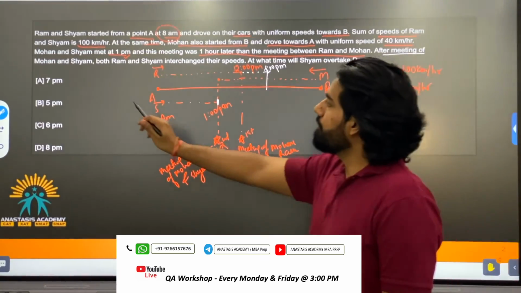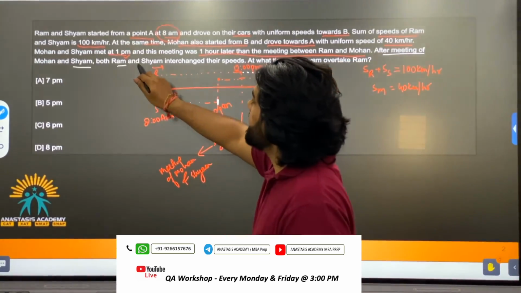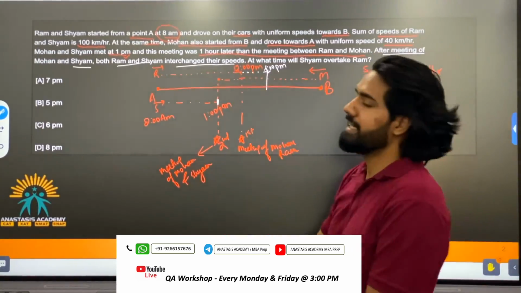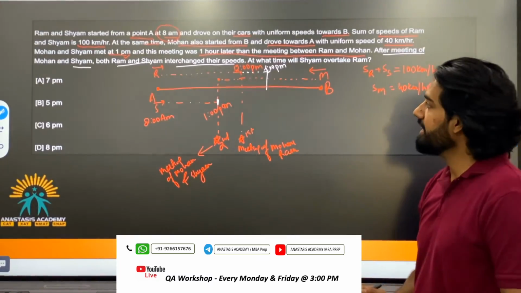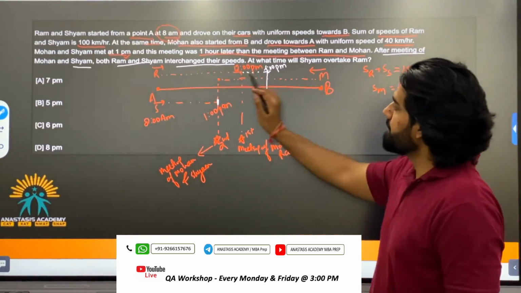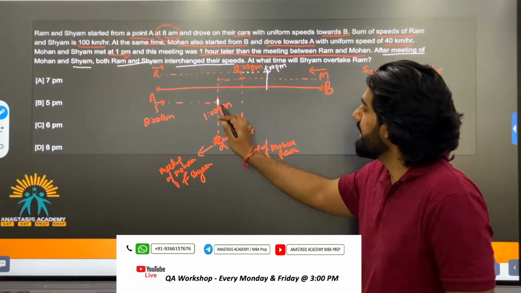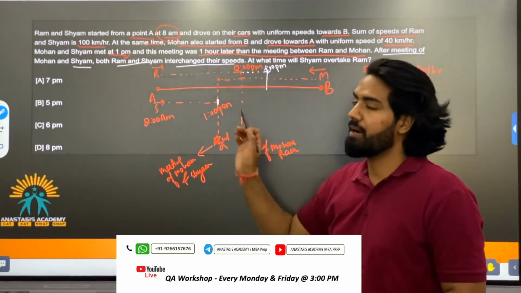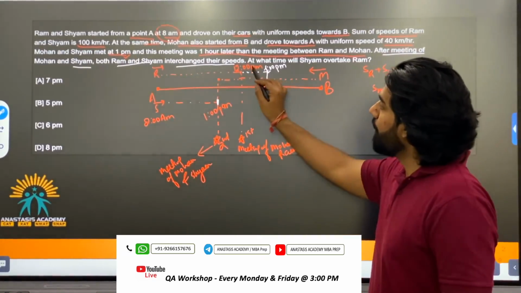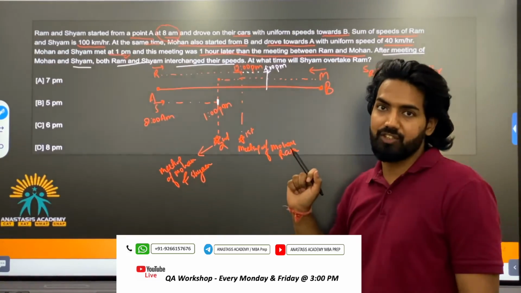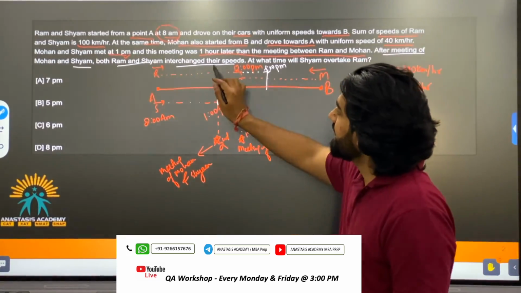After the meeting of Mohan and Shyam, both Ram and Shyam interchange their speeds. It is given in the question that when the meeting of Mohan and Shyam happened, the speeds of Ram and Shyam were exchanged.